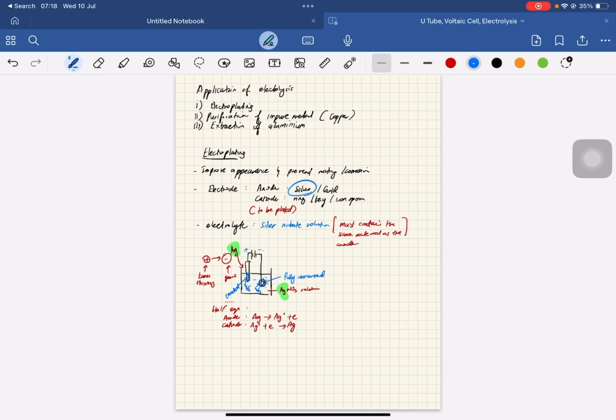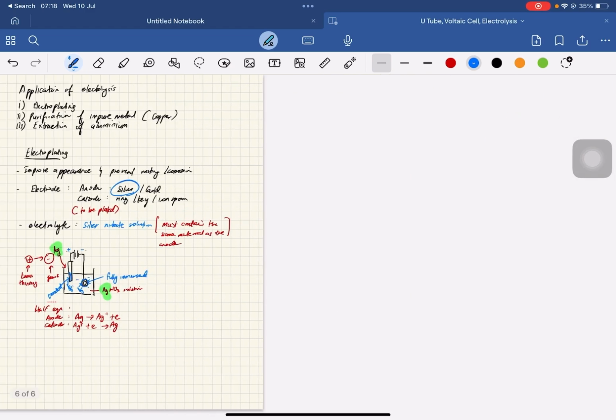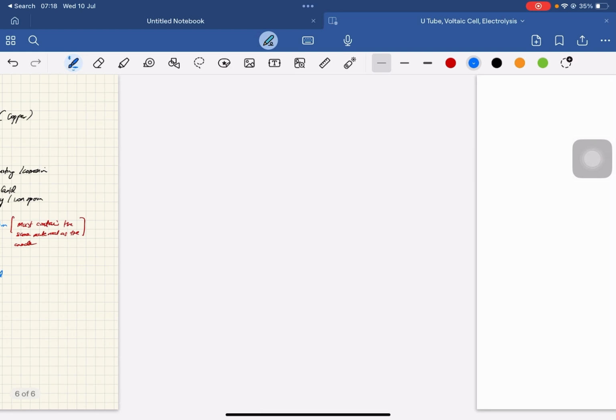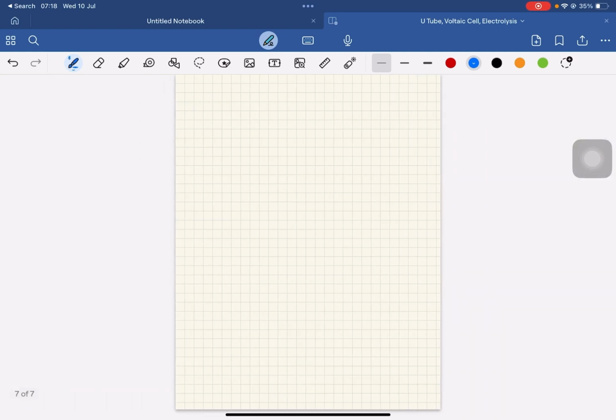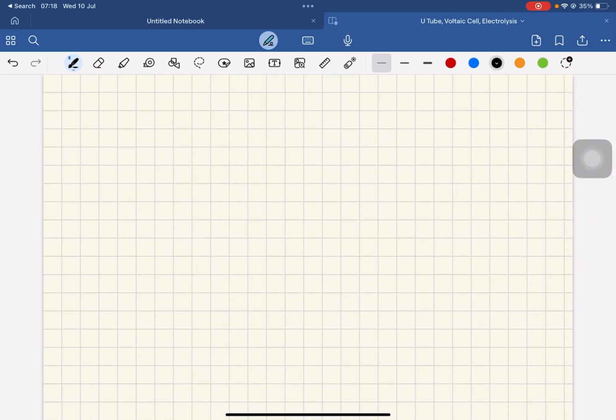purification. Okay, sangat senang soal. Okay, purification also easy, the same concept. Okay, the same concept.